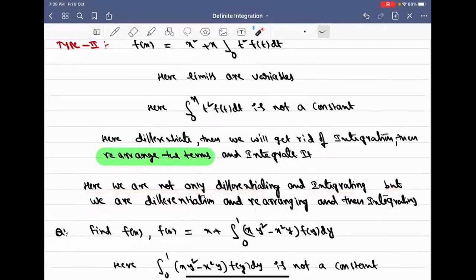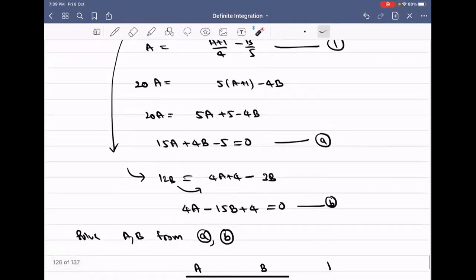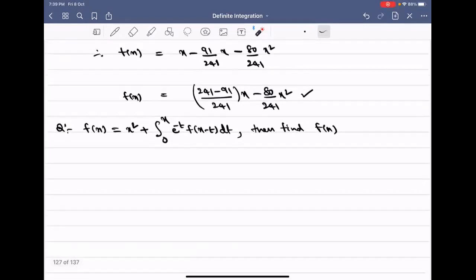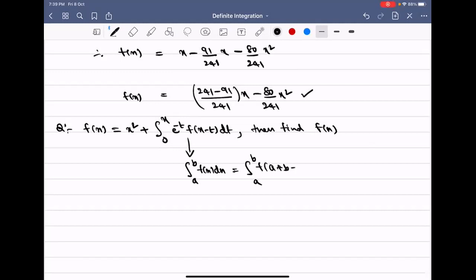That is the method. To solve this question, first, to get rid of this external variable x, use this property: the integration from a to b of f of x dx is equal to the integration from a to b of f of a plus b minus x dx. These substitutions are for t, not for x, because the integration is with respect to t.